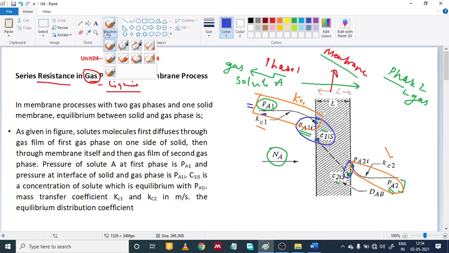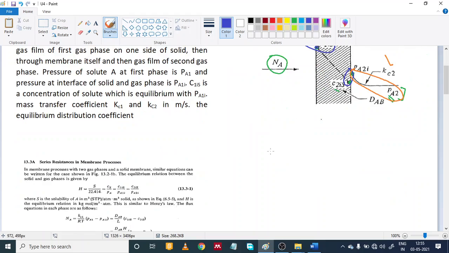For that we first have to look at some relationships. First, we assume that the gas is ideal, so that we can have simple equations. If the gas is ideal, we can generate a simple equation, because we know that PV is equal to nRT.